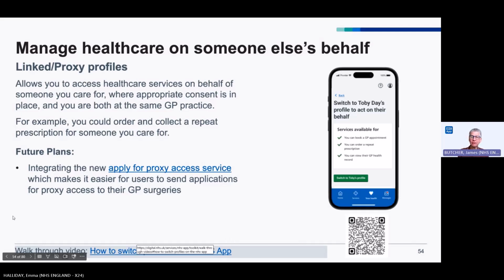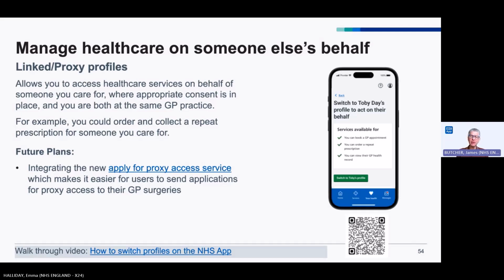Now, there is some work going on, as I said, behind the scenes at the present time. And it's actually North Central London, of all places, Marion's Patch, where some of the piloting work is taking place. Timescales will run throughout the next financial year. A lot of work going on behind the scenes.